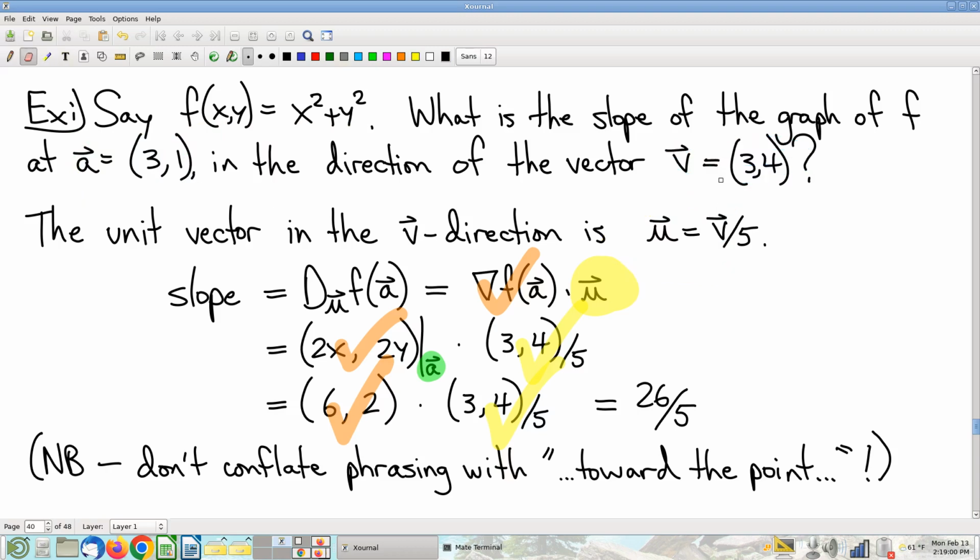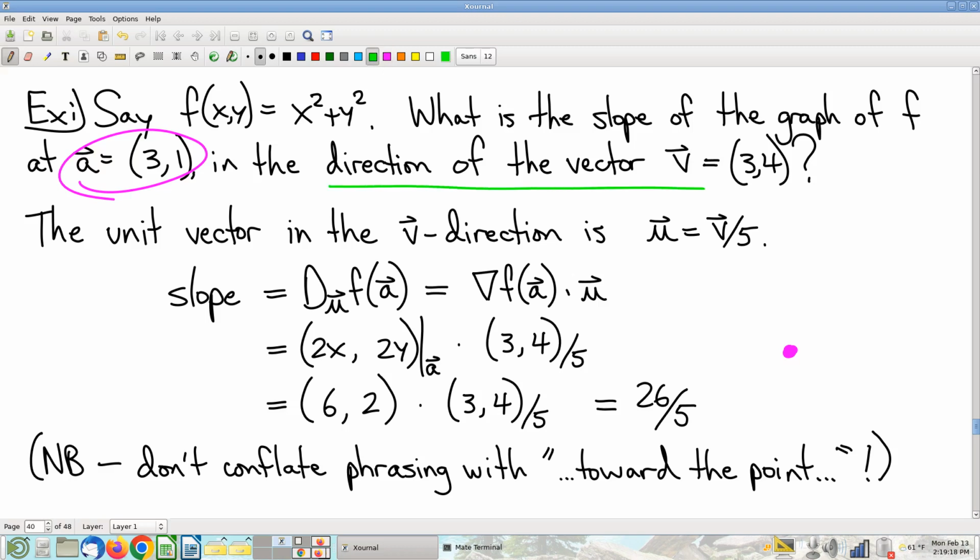All right. I have a little bit of a language warning, just a heads up, an easy mistake to make in a situation like this. So we start off at this point, 3, 1. Let's say 3, 1 is right there. It says in the direction of the vector 3, 4. Well, let me say 3, 4 is like that.